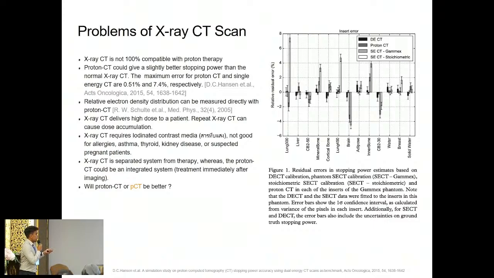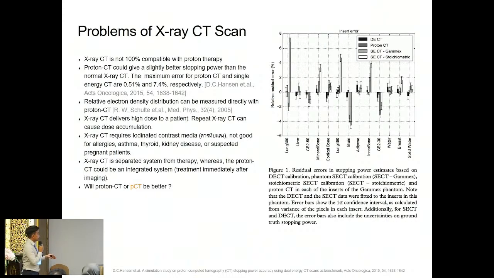This means X-ray CT is not really 100% compatible with the proton therapy. If you have the proton CT, it is more compatible with the proton therapy, with lower uncertainty. This is the first reason why the proton CT scan is good.